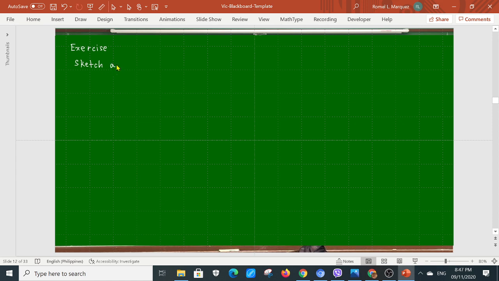Sketch a possible graph. Meaning, it's not really unique, as long as it satisfies the given conditions.